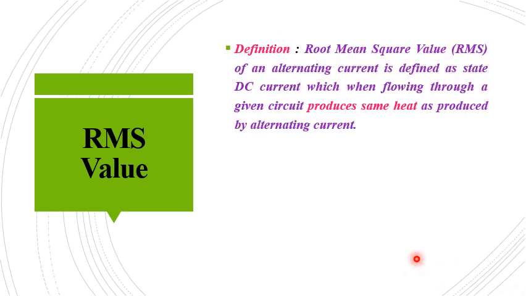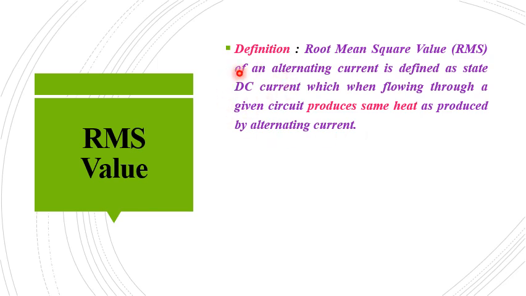Next parameter is RMS value. The RMS value, or root mean square value, of an alternating quantity is the steady state current which, when flowing through a given circuit, produces the same heat as produced by the alternating quantity.